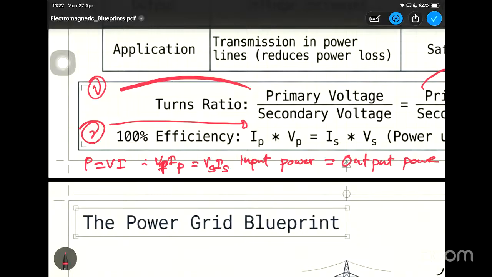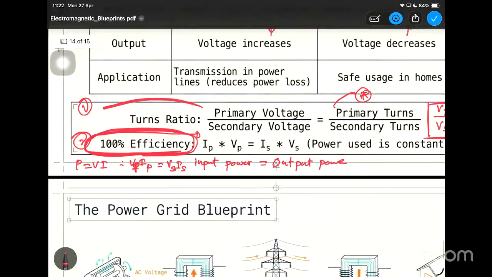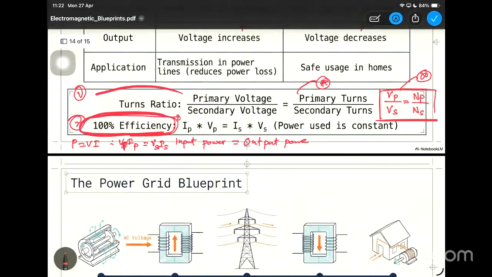In order to get that, we are using this assumption: we assume that the transformer is 100% efficient, which means there won't be any power wastage or energy wastage. So that is the second equation that you need to remember.